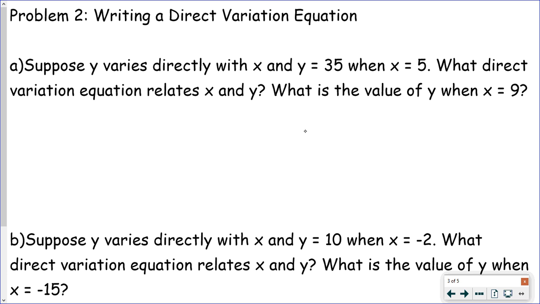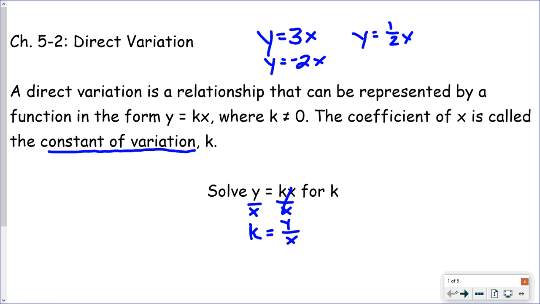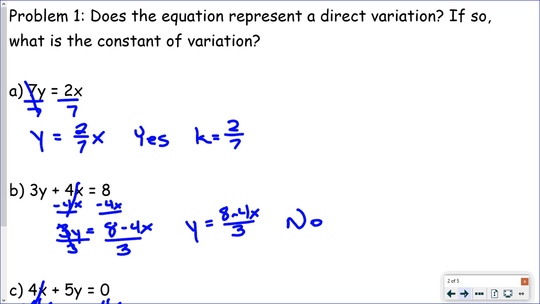I'm going to go back to the first slide real quick. Remember, I had you solve the direct variation equation for k, and what we discovered was that k, the constant of variation, is equal to a y value over an x value. So we're going to use that.